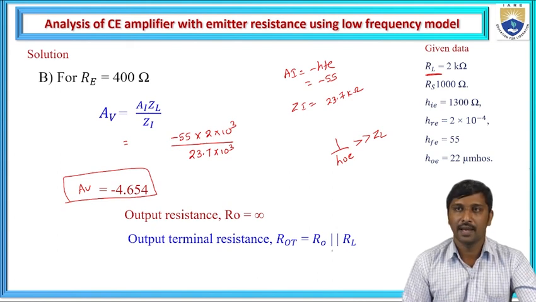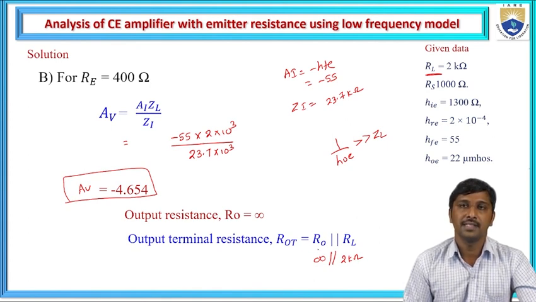So here I consider Ro is infinite, and it is in parallel with RL, which is 2 kilo ohms. In a parallel configuration, if the two impedances are unequal, the parallel resistance is close to the smaller resistance. Let us consider Ro is very large and the load resistance is a small resistance. From the small signal model, the output impedance and the load resistance are in parallel combination.